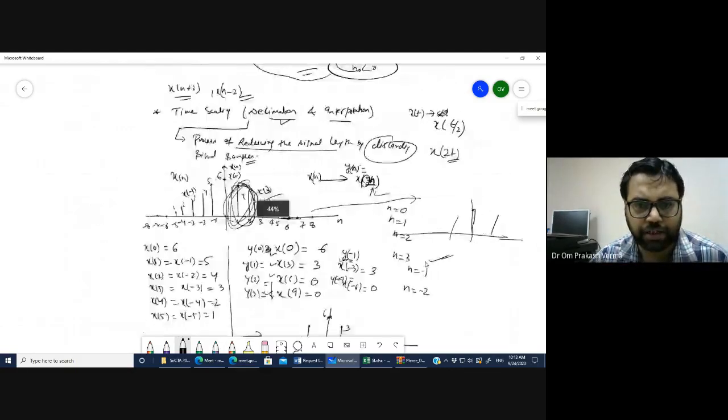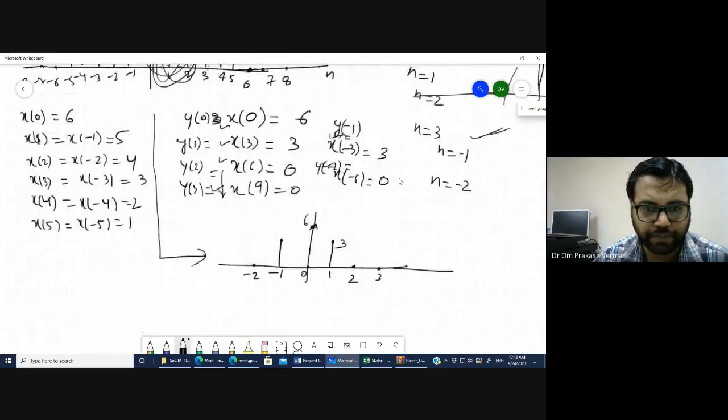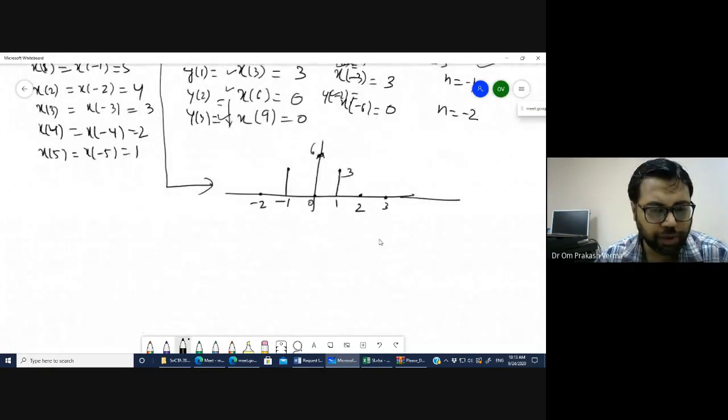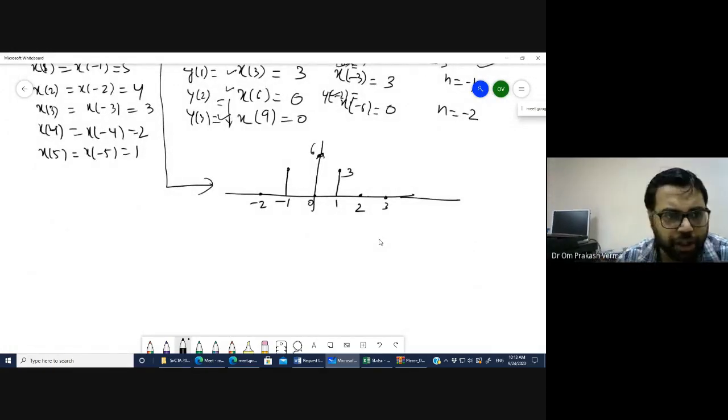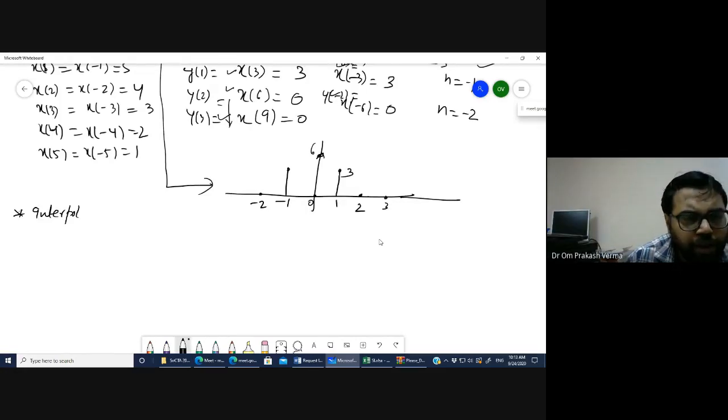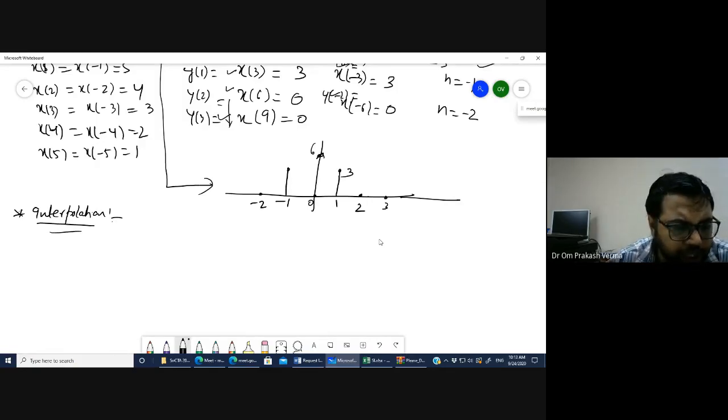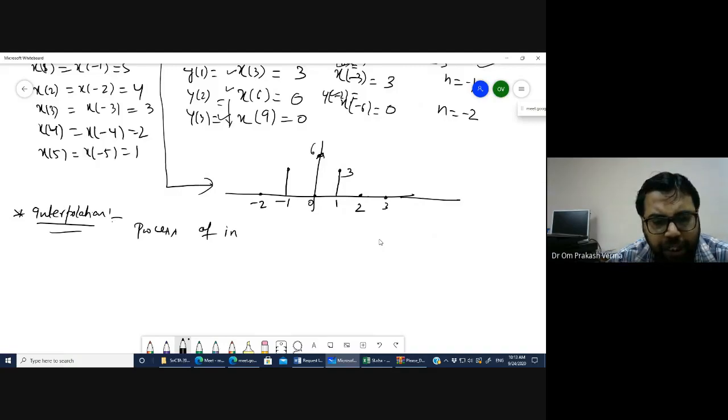Now come to the next part, that is interpolation. Interpolation is a process of increasing the signal length. Where we were reducing the signal by discarding something, here it is a process of increasing.